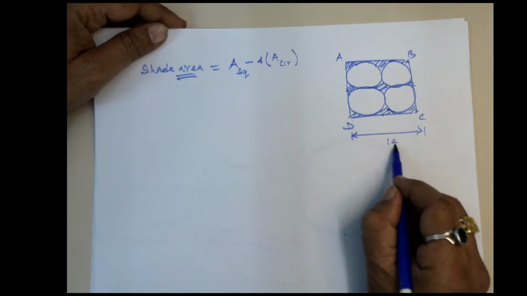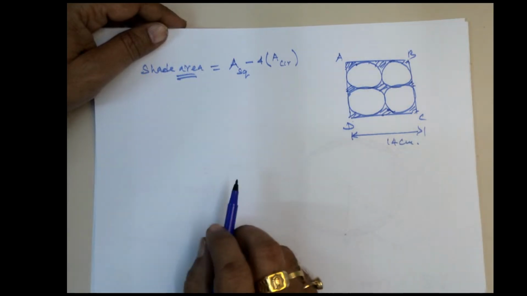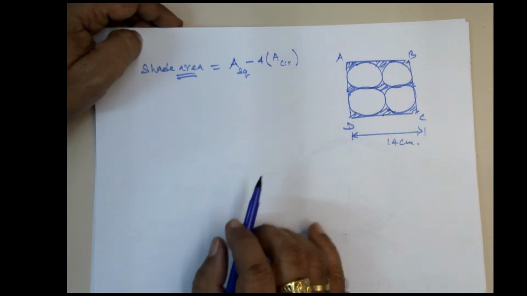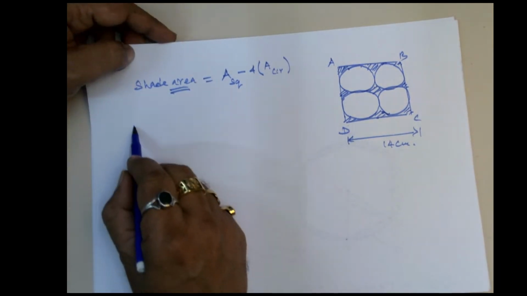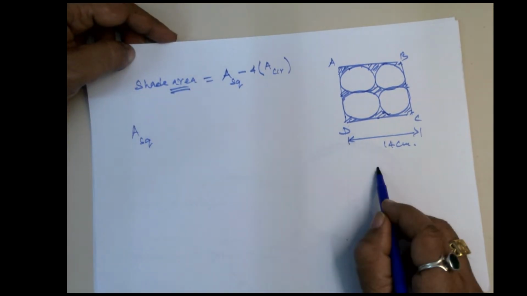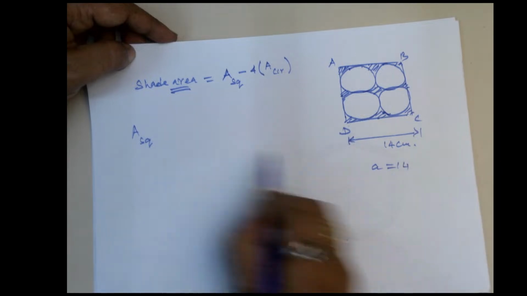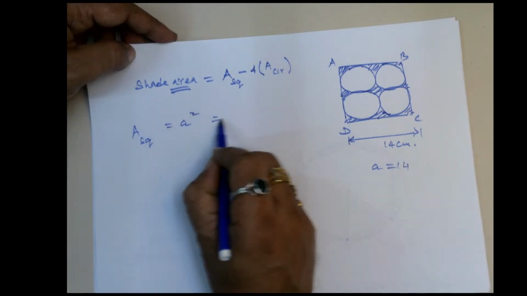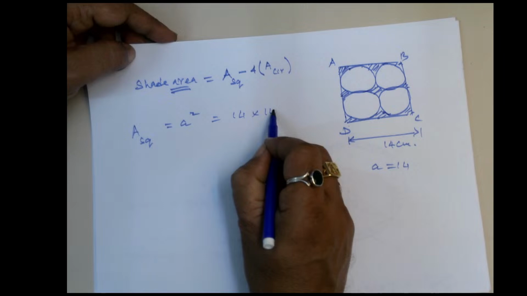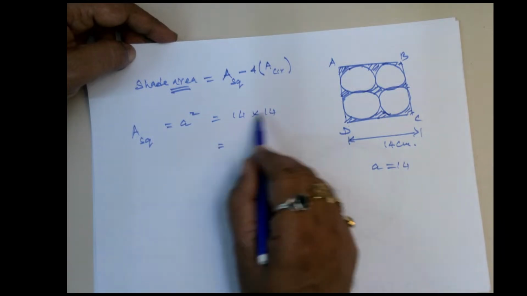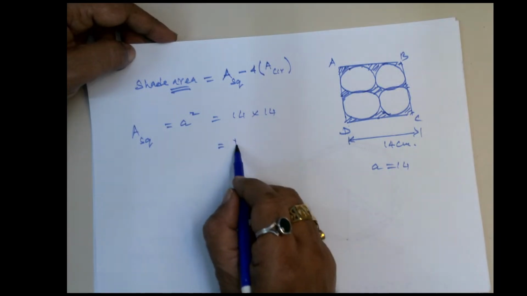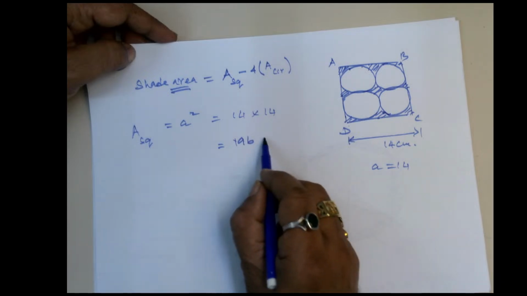14 centimeter. Okay. So if it is 14 centimeter, we can easily find out the area of a square because A is equal to 14. Therefore, A squared, that is 14 into 14. How much? 4 4s are 16, 196. So 196 square centimeter.